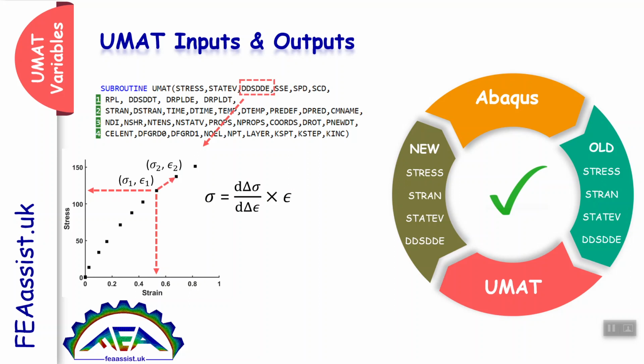So if you have stress as a function of strain, then by taking a derivative, you can define the DDSDDE for your formulation. We call this slope of the diagram DDSDDE. This is the nature of this variable. For all variables, based on your equation, you need to understand well the nature and the source of the variables. For example, in the elastic regime and for elastic problems, the elastic stiffness matrix is the DDSDDE matrix.